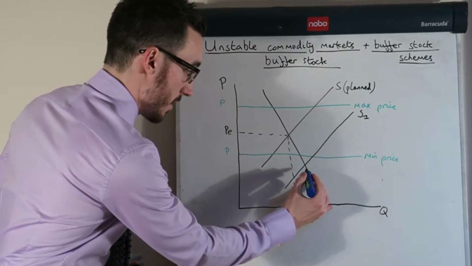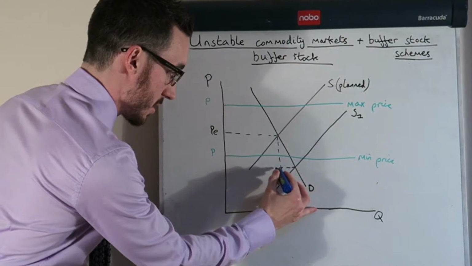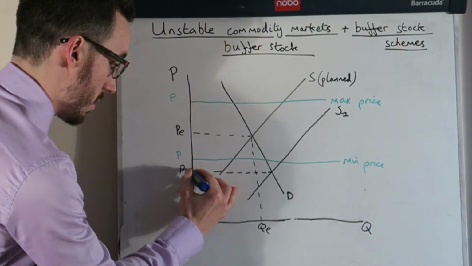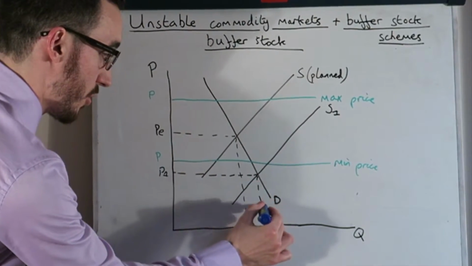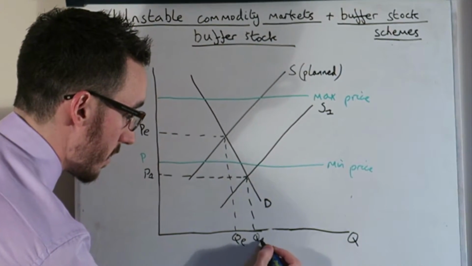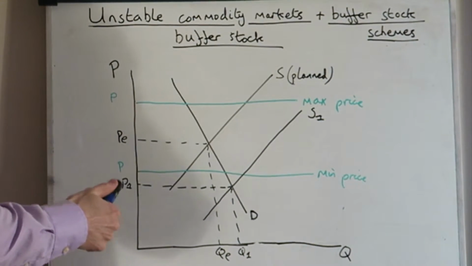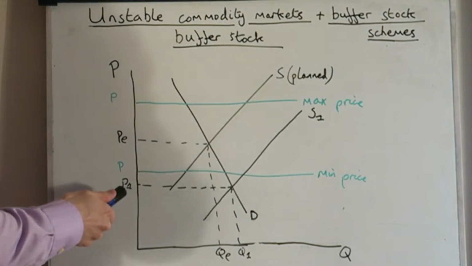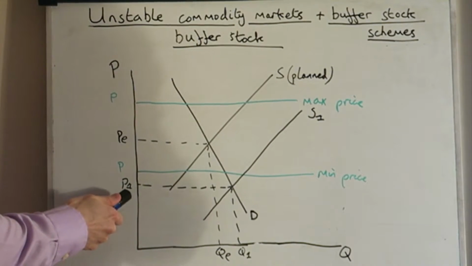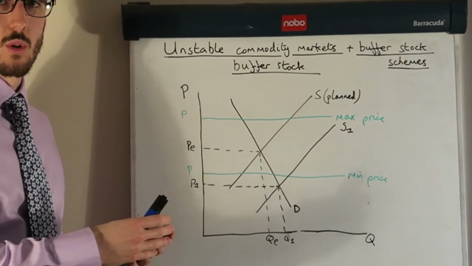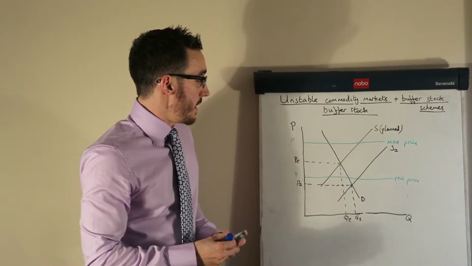However, this has meant that the price has fallen below the price set by the government. The government say, no, this is not good for society. Producers are much worse off than we thought they were going to be. That means they are going to fail and it's going to cause a problem in the economy.